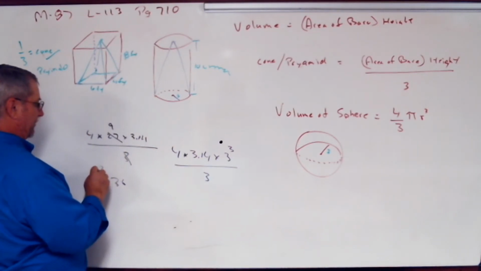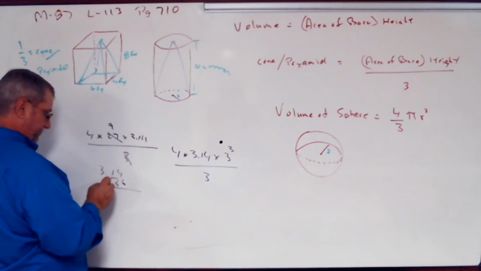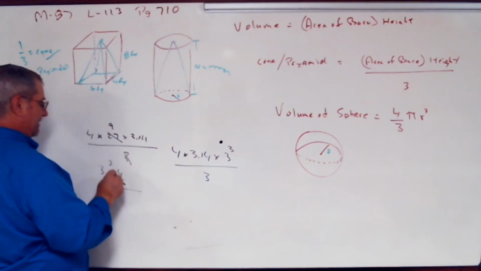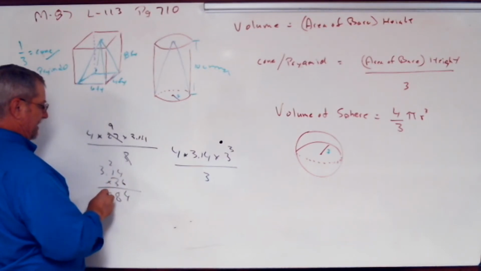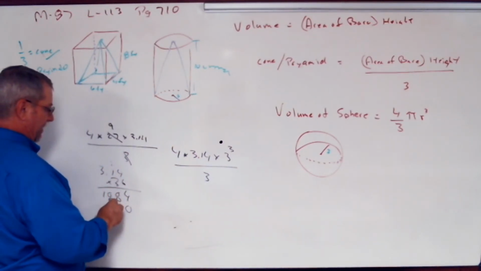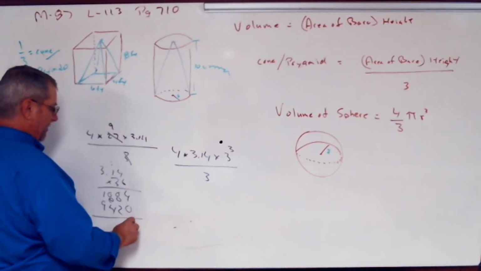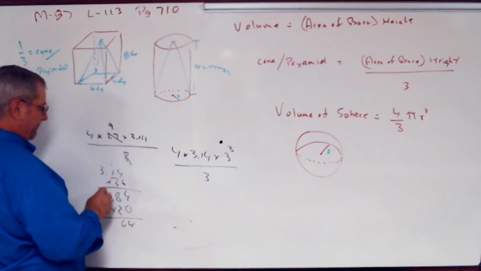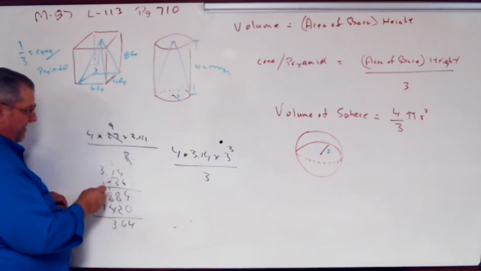36 times 3.14. 6 times 4 is 24. 6 times 3 is 18. I'm on the tens place, so I put a filler 0 in. 3 times 4 is 12. 3 times 3 is 9, and I add them together. 4, 0, carry the 1. 8 and 4 is 12, 13, carry the 1.